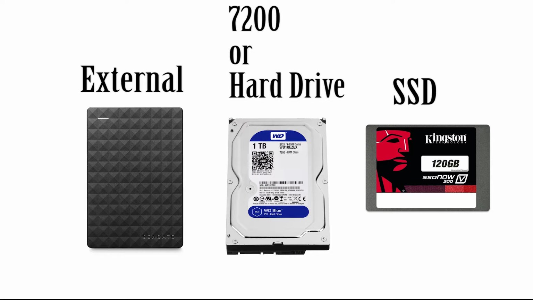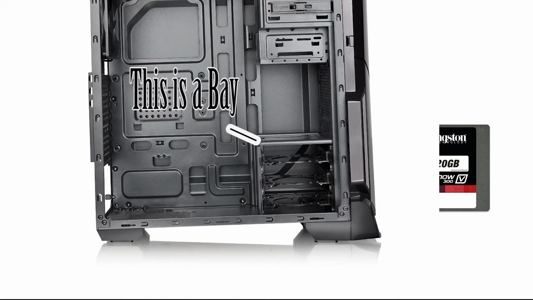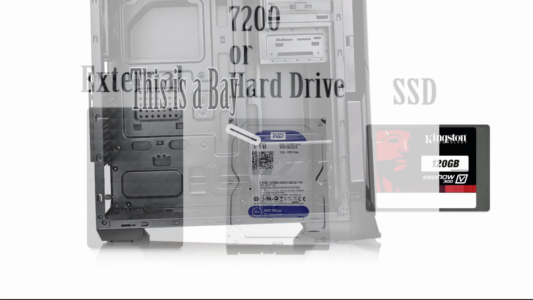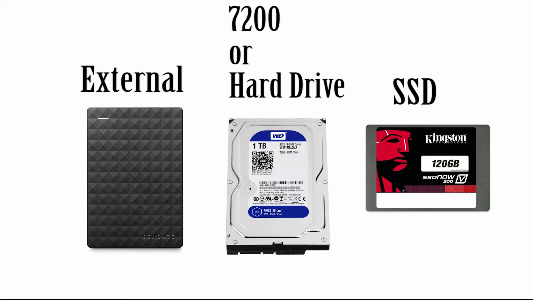Basically, if you're getting an SSD, you're going to be looking at whether it's got a 2.5-inch bay, or if you're getting a hard drive, a 3.5-inch bay. But if you're like me and like external hard drives but don't have one, then you should probably look into that, but you will need an SSD or a hard drive in your system for it to run. Please, I don't want to see that again as well.